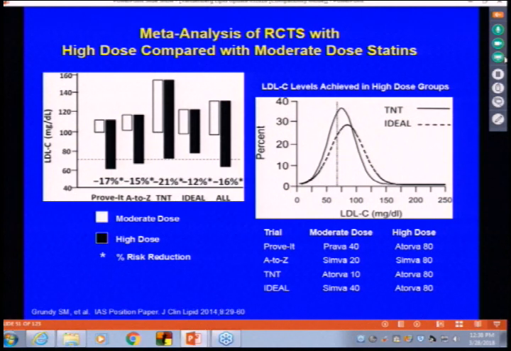Those studies compared moderate to high dose, and the high dose had reduction in LDL and events. The event rate was improved. Now, granted, the LDLs on therapy had a normal distribution, but the peak was around 70, so that kind of got the 70 number.